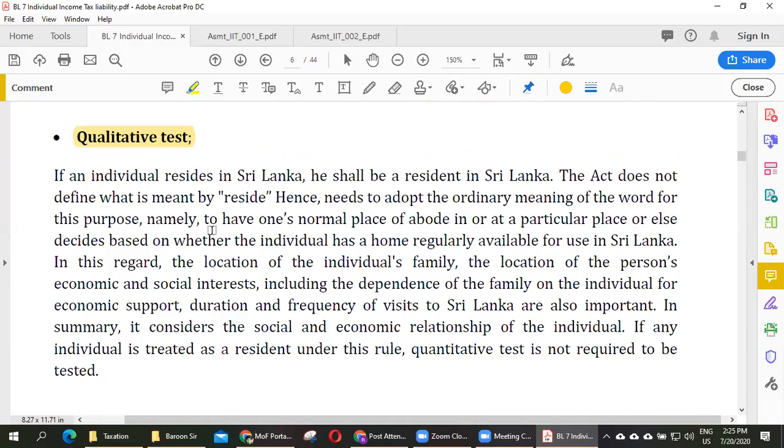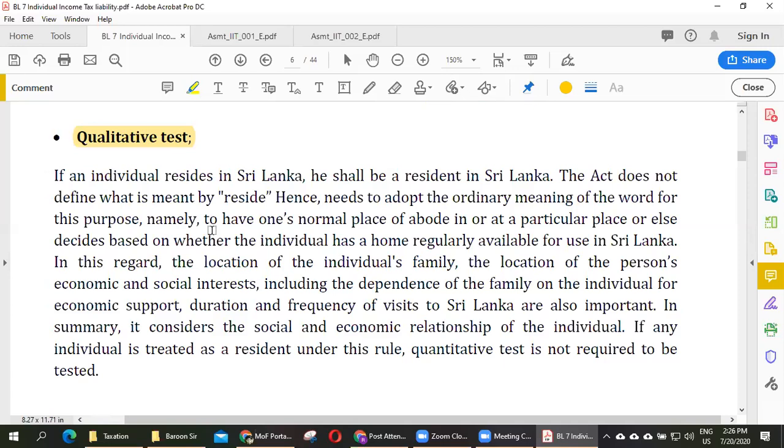That comes under the quantitative test. We can measure in terms of the number of days they spent. Sometimes we cannot apply that quantitative test. We have to test in a qualitative way too, right?